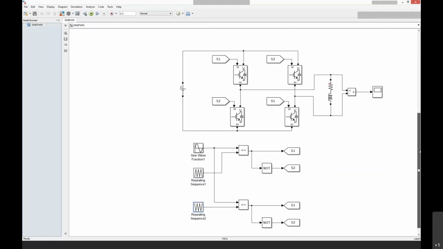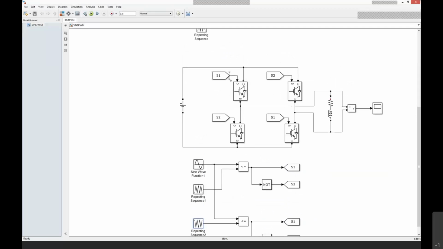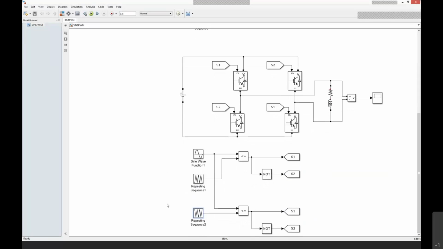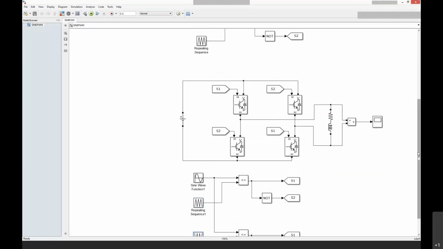So now we need to give these firing signals. Here, this A phase leg, and if you assume this is B phase leg, A phase leg is controlled by this one, and B phase leg is controlled by this bottom modulating signal and carrier comparison. This is the signals that we will give.